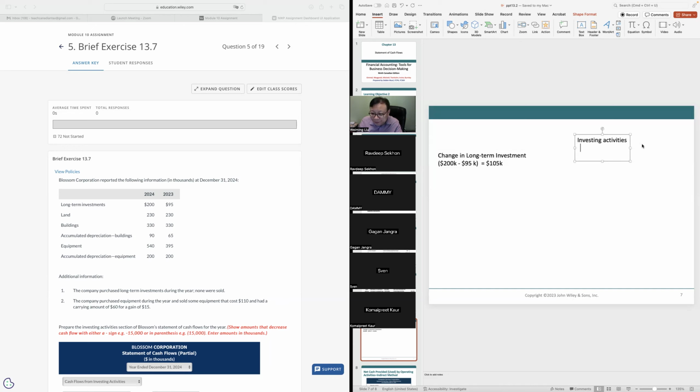So here we would say new investment, and that's going to require cash, right? You're going to need cash to purchase that investment. So that's a deduction, 105,000.